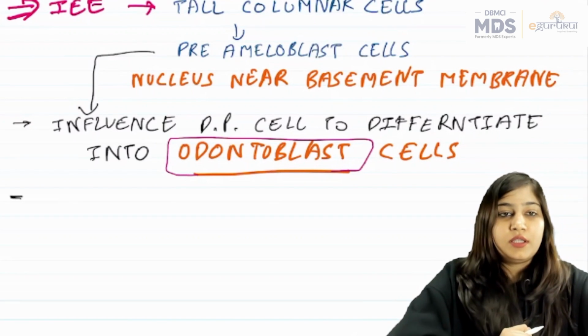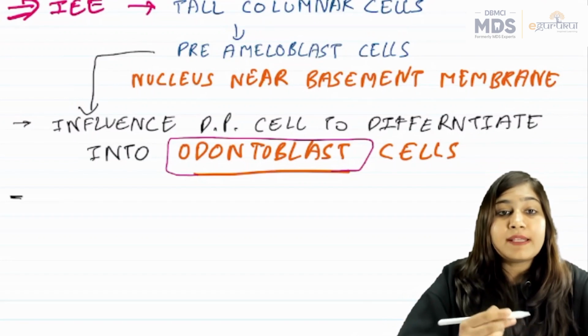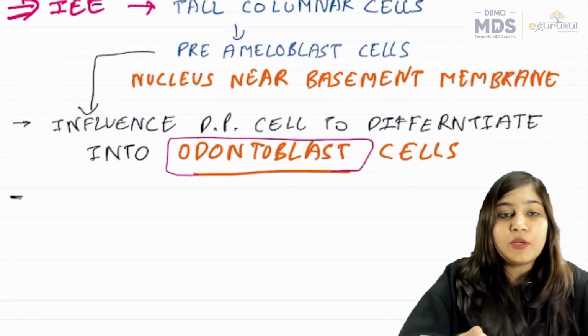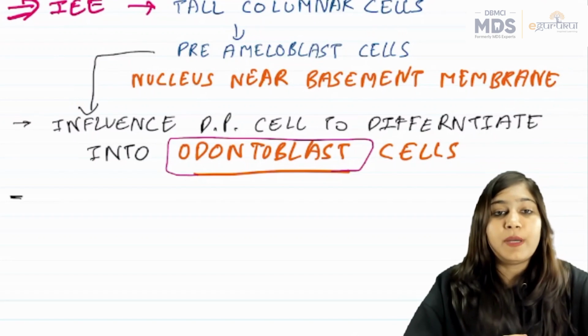Now, we have a basement membrane separating the pre-ameloblast and the odontoblast cells.